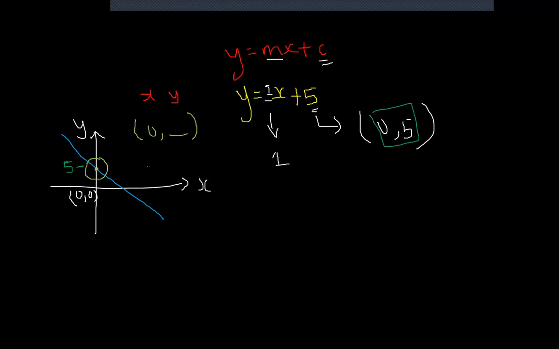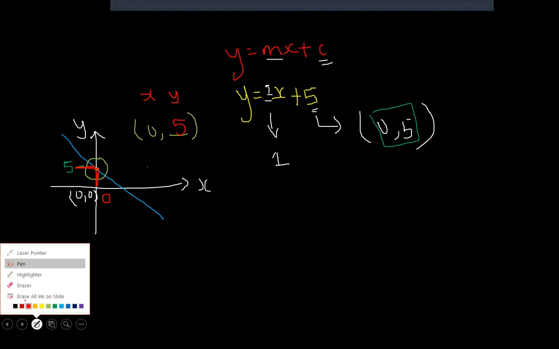Let me use red. This is the point. This point right here lines up with the 5, so that's why y is 5. But if I try to find the value of x and I draw a vertical line down here, the value of x is 0. And that's why my coordinates are 0, 5, right? We did this already. No worries.